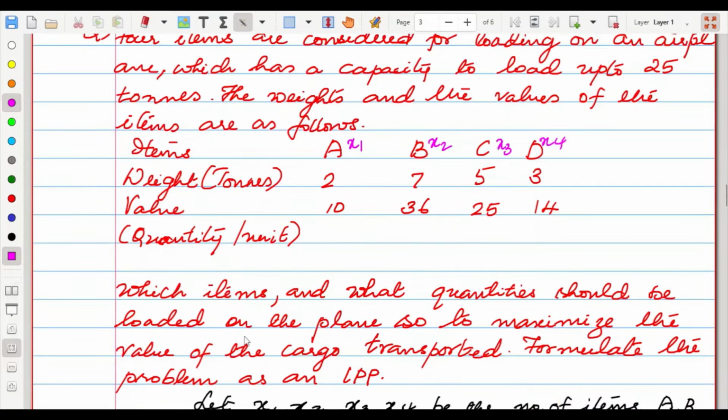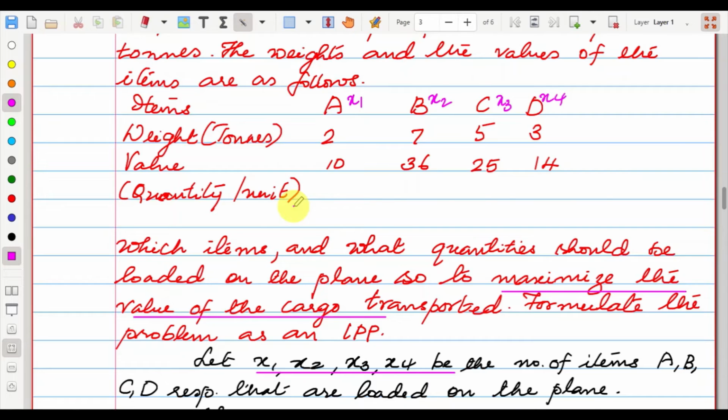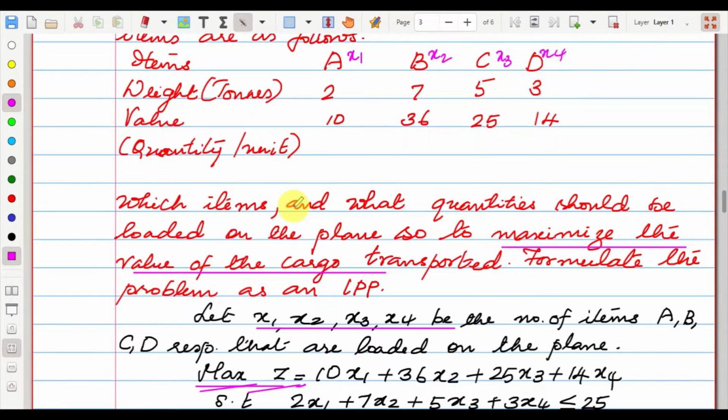It is given that we need to maximize the value of the cargo. So in our objective function we can write maximize Z equal to, so this is our value, 10x1 plus 36x2 plus 25x3 plus 14x4. This is the objective function.